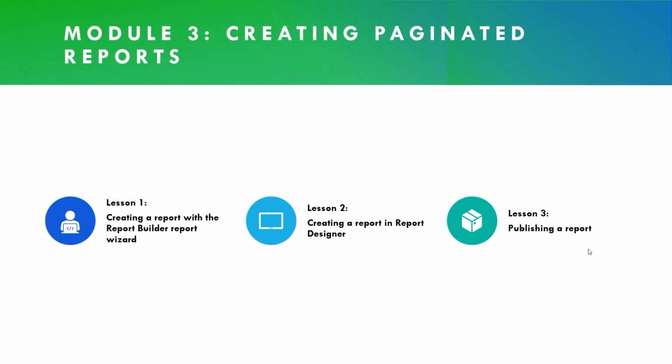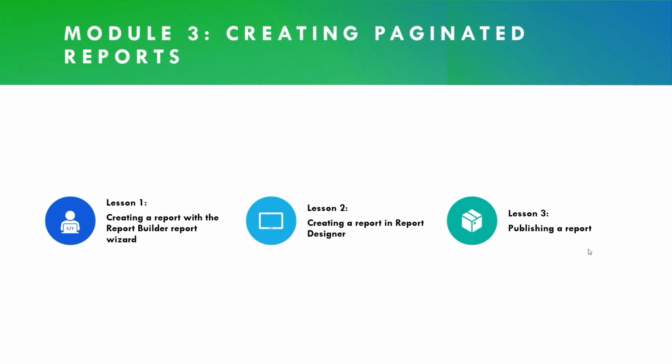In Lesson 2, we created the same report from scratch in Report Designer via Visual Studio. And we did the same kind of formatting that we did with the report we created in Report Builder. Afterwards, I challenged you to use the wizard in Report Designer to create the report.